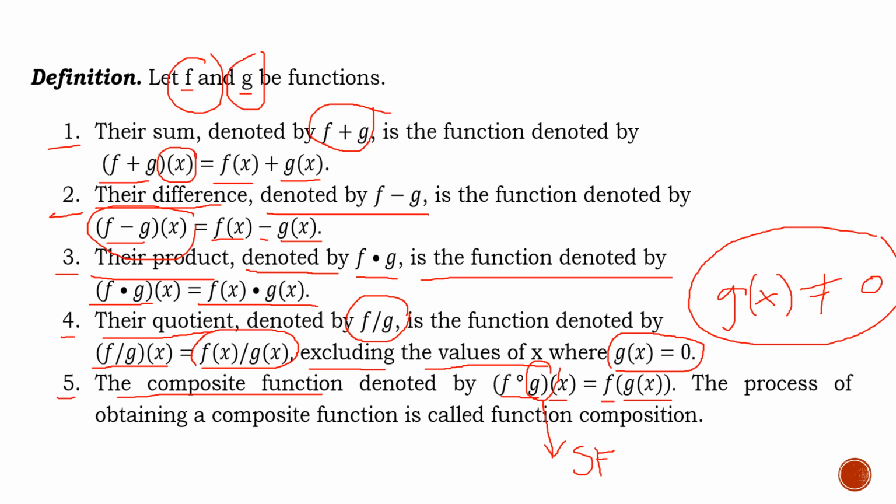So whatever the second function is, between f and g, that will be the x variable in your first function. The process of obtaining a composite function is called function composition. You need to take note of this.